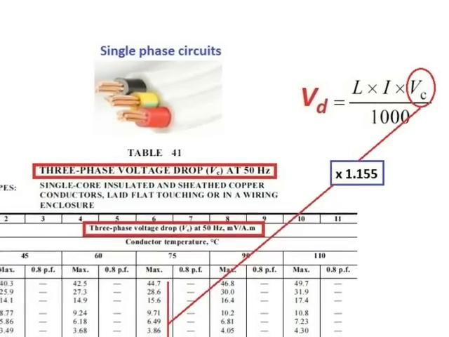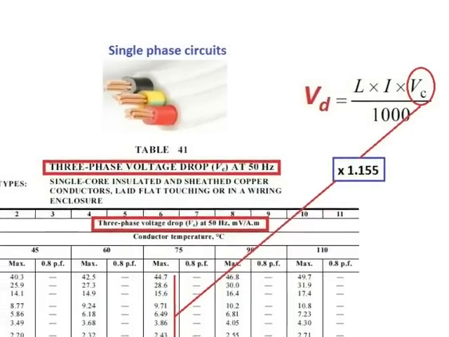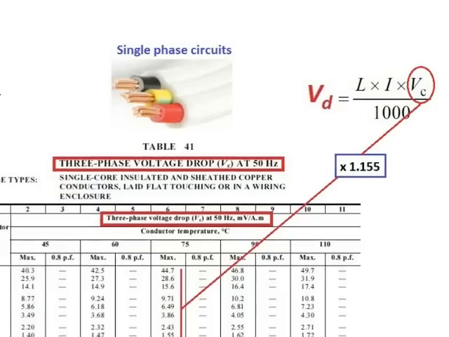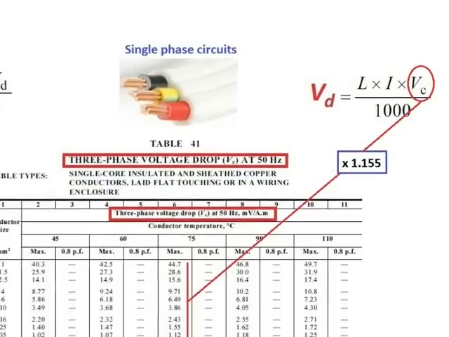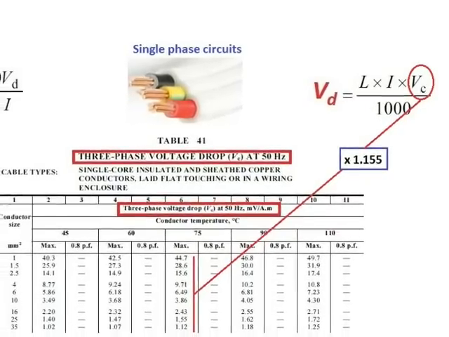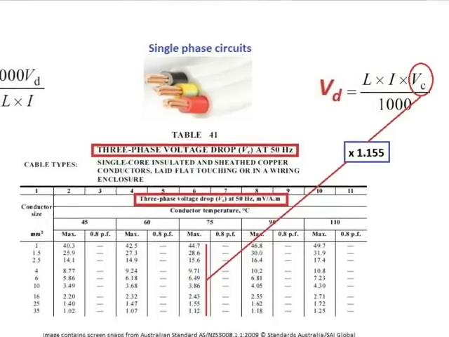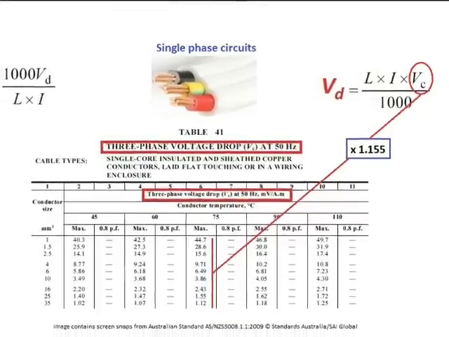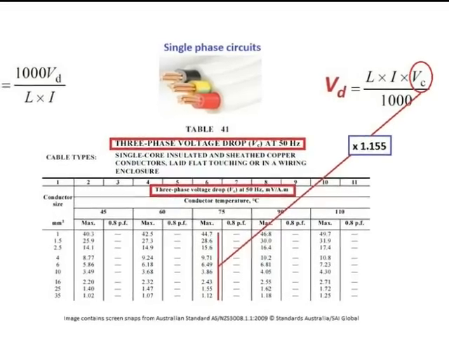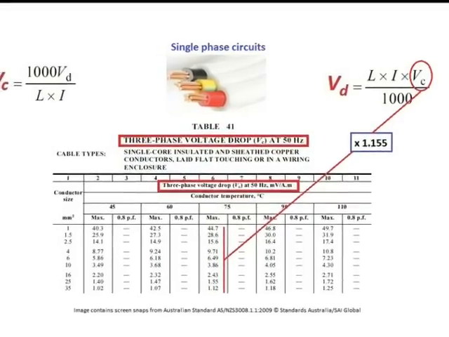Now, to use that VC from a three-phase table in my single phase calculation, I have to multiply it by 1.155. So for the calculation to determine the actual volt drop for my single phase circuit, I'll multiply by 1.155.